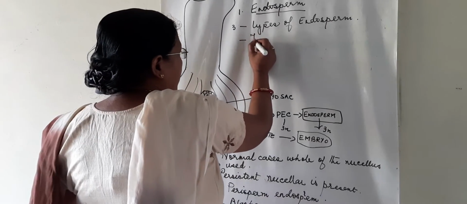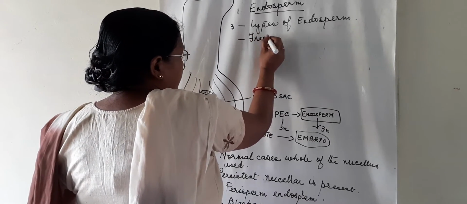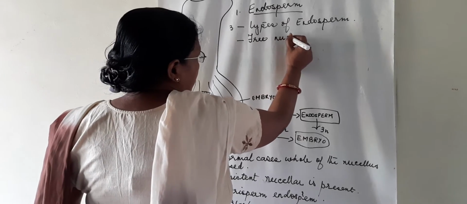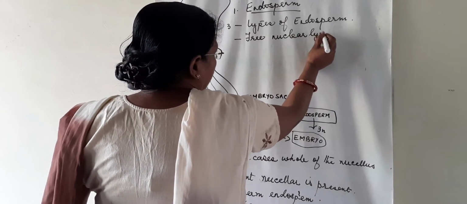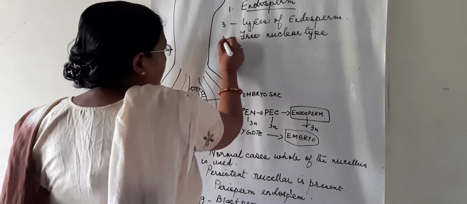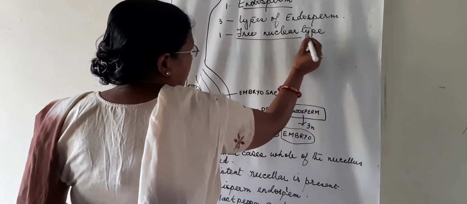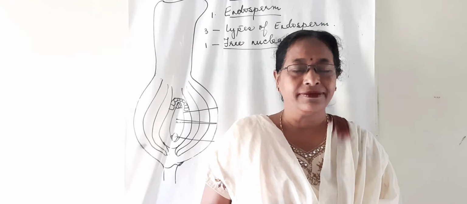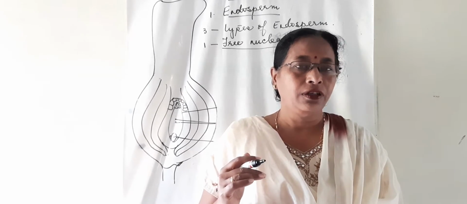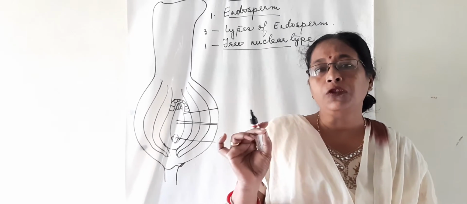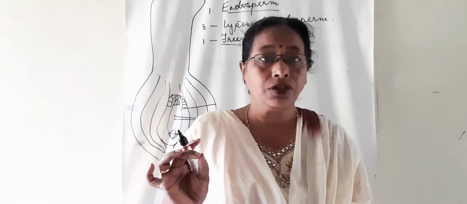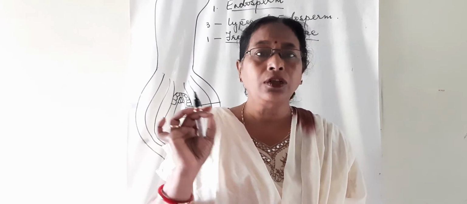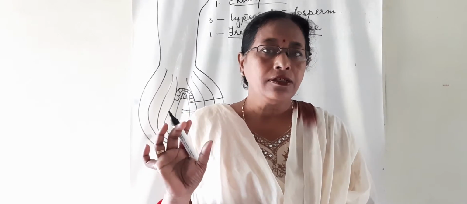In the free nuclear type, the primary endosperm nucleus undergoes mitotic division, that is, only karyokinesis takes place.